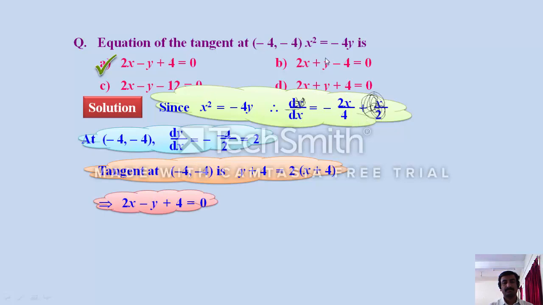Simply you take dy by dx equal to minus 2x by 4. Simply substitute the value of x equal to minus 4, minus 4 cancel, you get slope equal to minus 2. So sorry, plus 2.